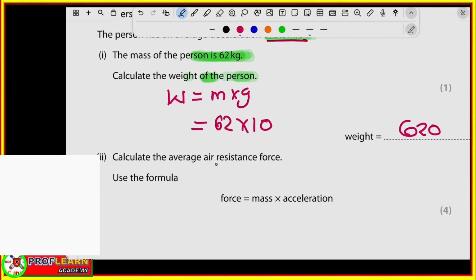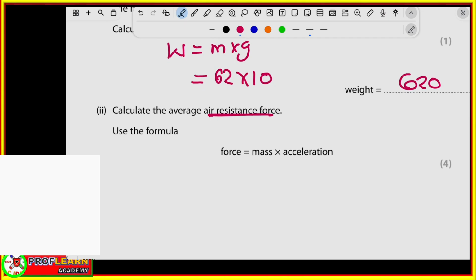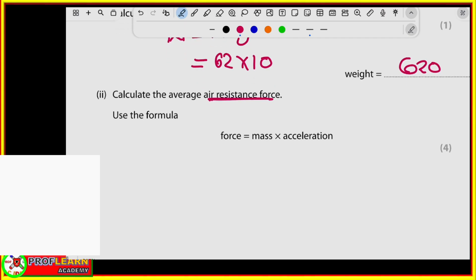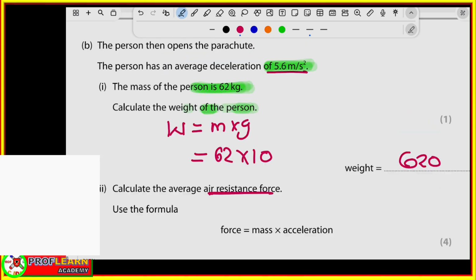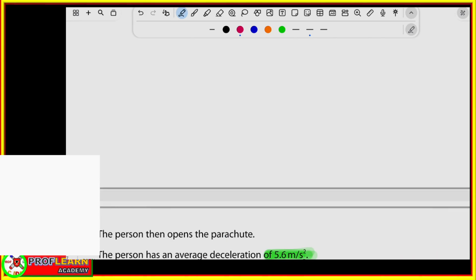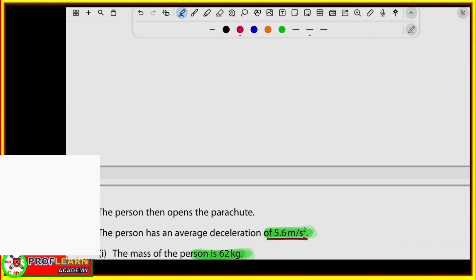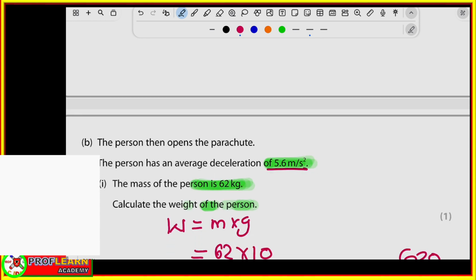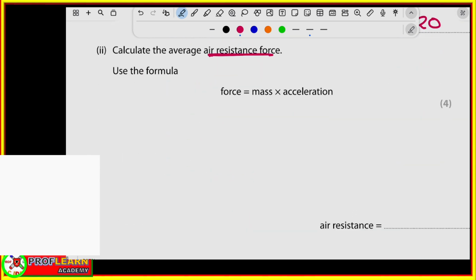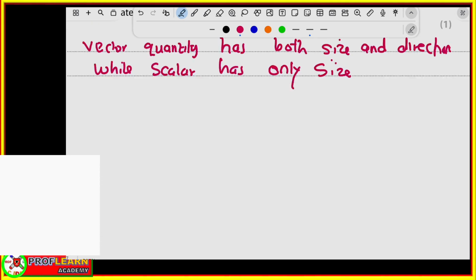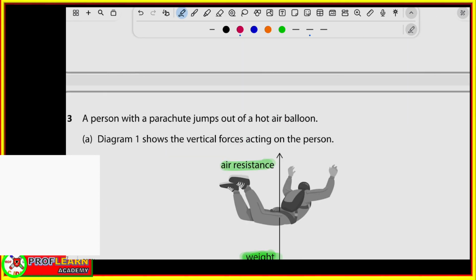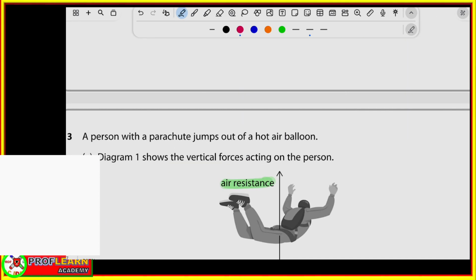Calculate the average air resistance. Yeah, so the average air resistance in that case. Let's check any other information that was given for this question.